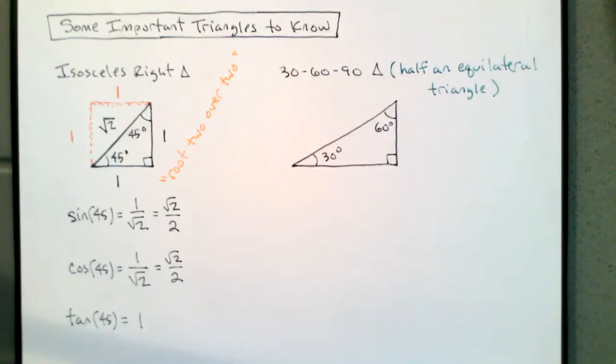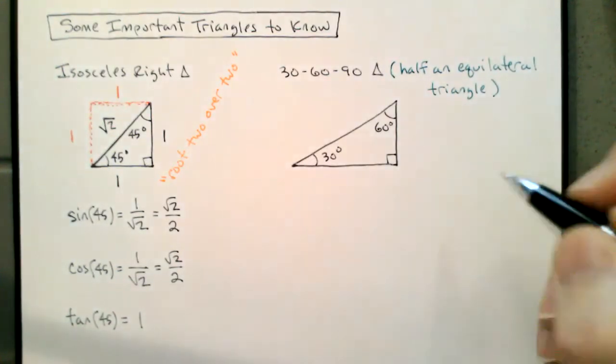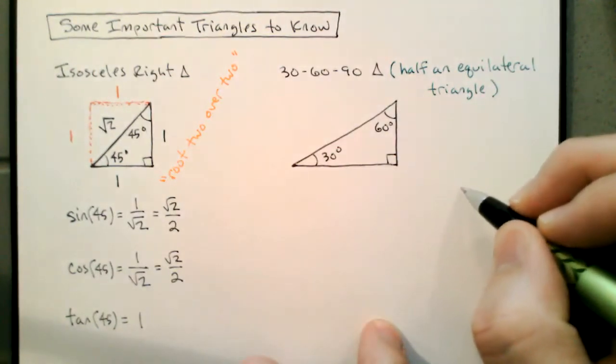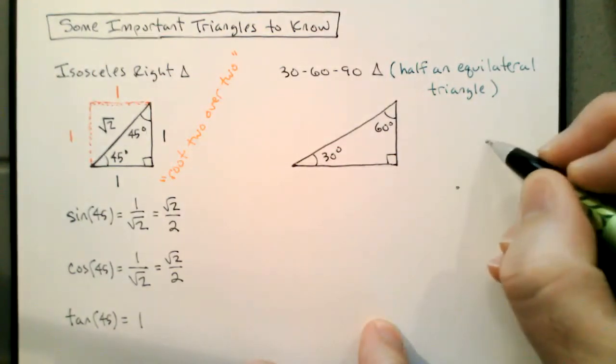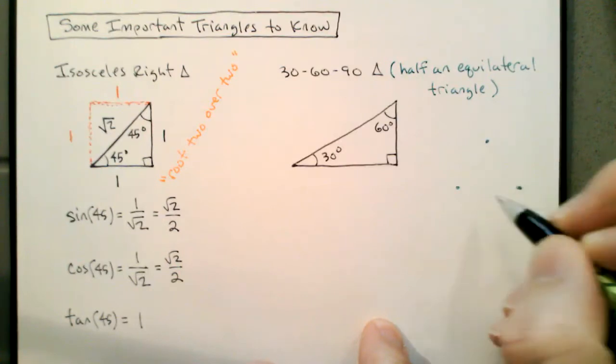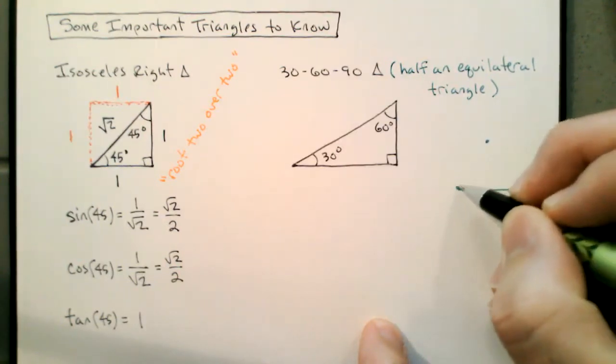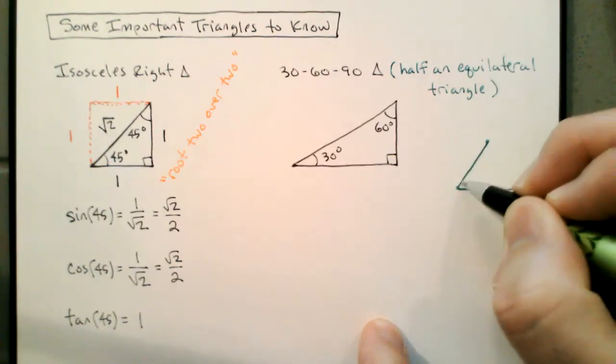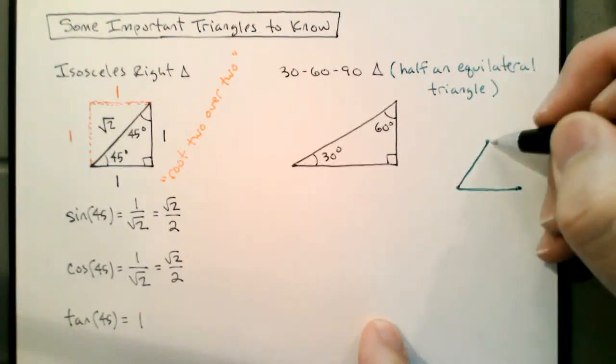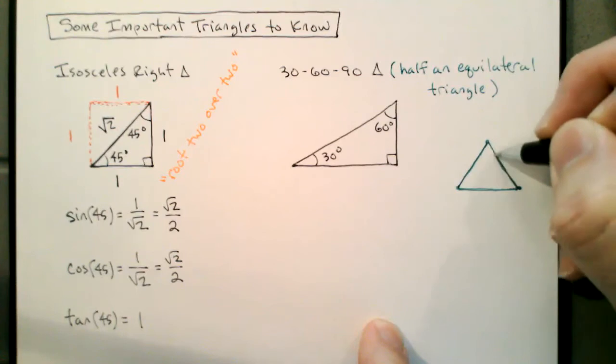So if we draw an equilateral triangle, equilateral means all the laterals are equal, that is, all the sides are equal.